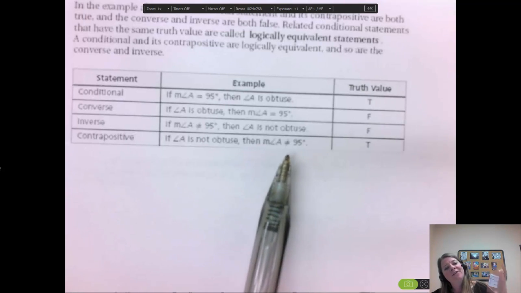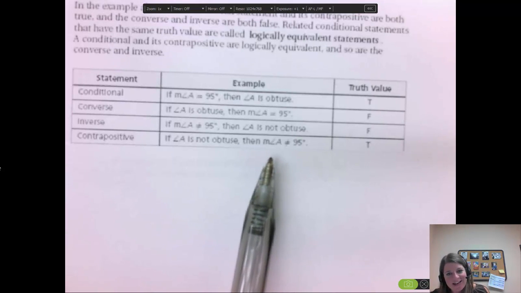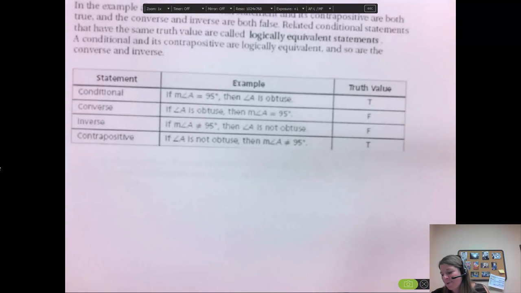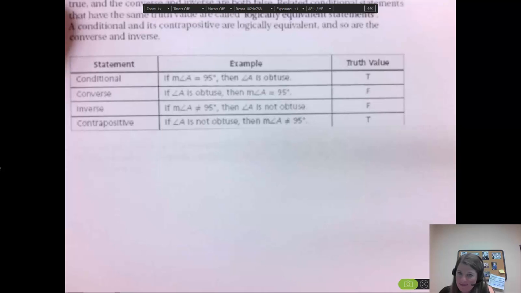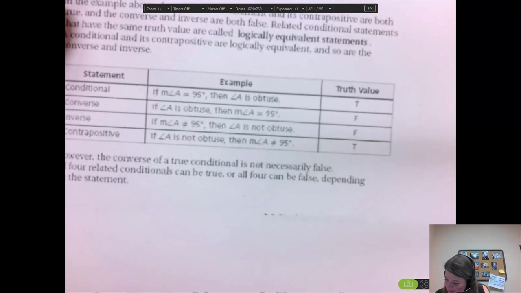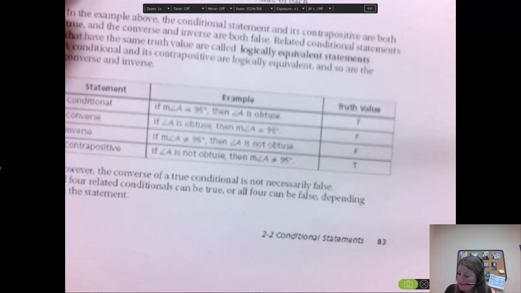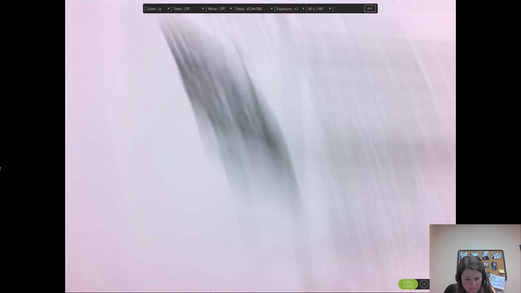If angle A is not obtuse, we could be anything else, then the measure of angle A is not 95. There isn't an example. We're kind of applying a lot, though, with just saying it's not 95. But that is true, however. So that's kind of how we relate all of them.